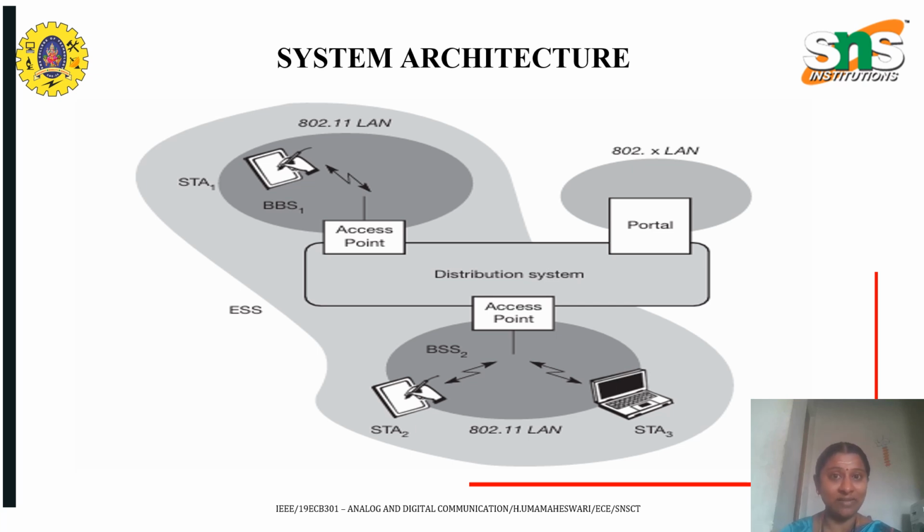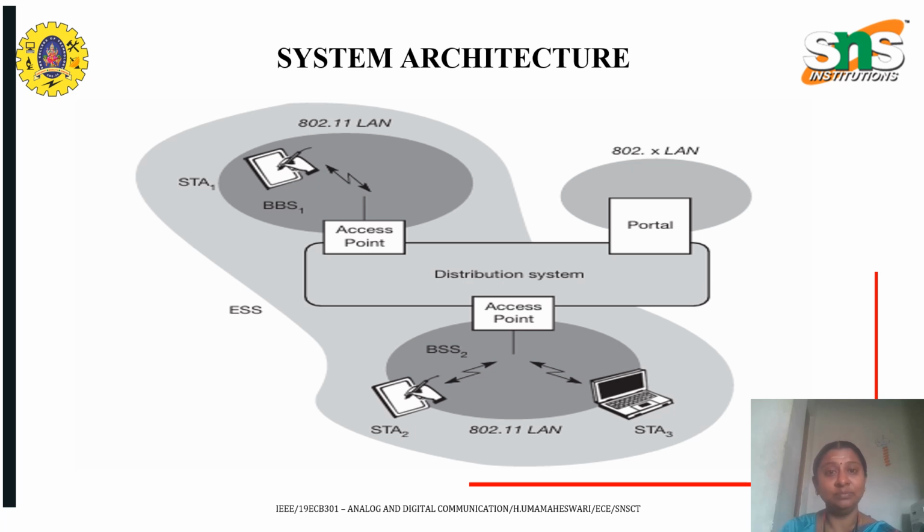Two services are available in IEEE 802.11: one is BSS, another one is ESS, that is extended service set. From the access point, it is connected to the various LANs, that is 802.11 and 802.11 local area networks. From that we get the data and it is given to the destination of the particular architecture.